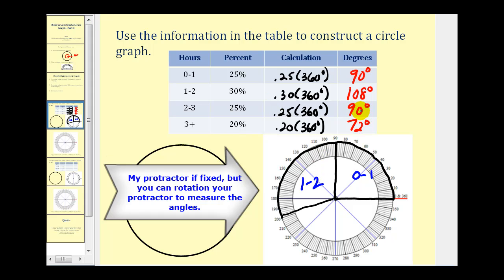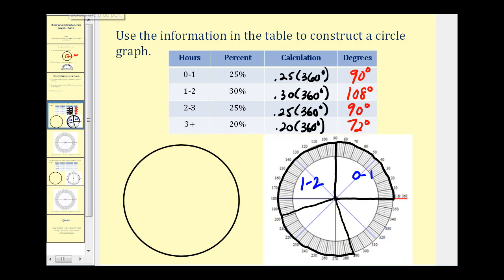Now the next category is 90 degrees, so from here to here would be 72 degrees plus 18 more degrees, so it'll be somewhere in here. This was from 2 to 3 hours.